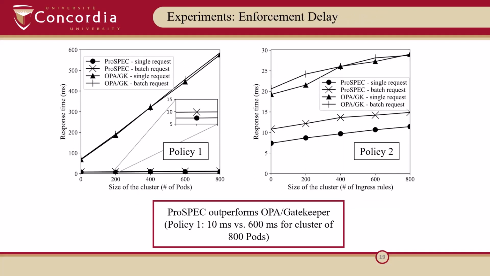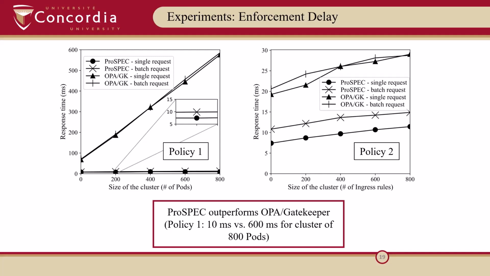Now for the runtime enforcement delay, this is where we have two different policies on which we evaluate our work. I'm just going to detail the left side figure. This is the policy that I talked to you about earlier. You can see on the two upper plots, you have the OPA gatekeeper policy enforcement time.